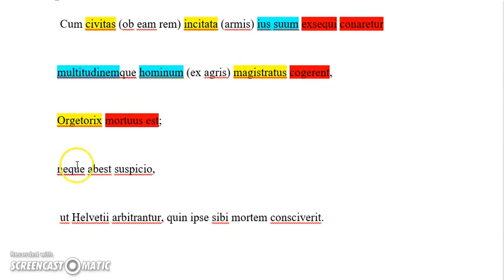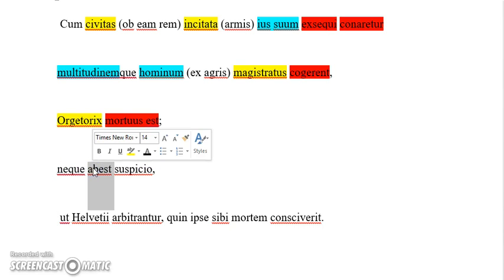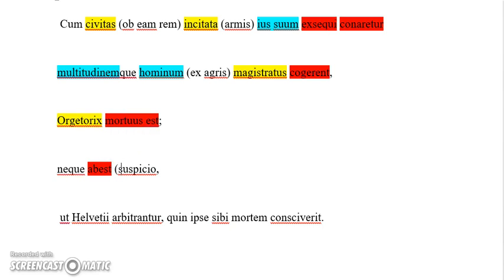Suspicio, okay. And not absent, away far from Scipio. Would be the completion of the prepositional phrase that's inherent within the verb.